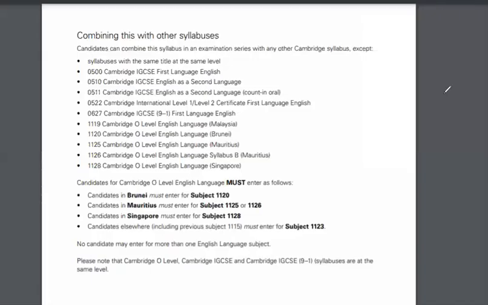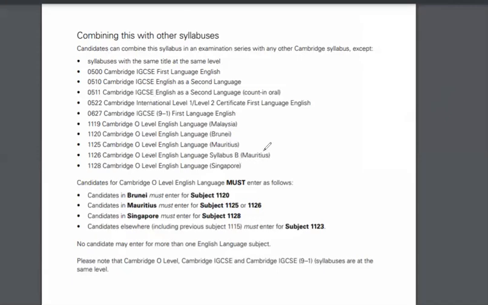Now, if needed, you can combine your syllabus with other Cambridge International examinations. There is a list of different courses that you can combine your syllabus of 1123 with. These are at times available in our country, and at times they are not.